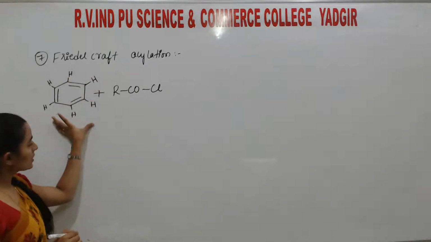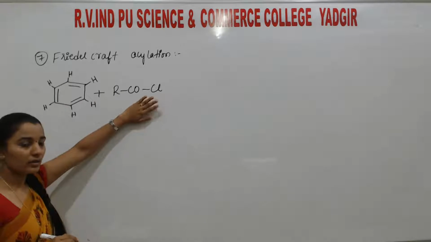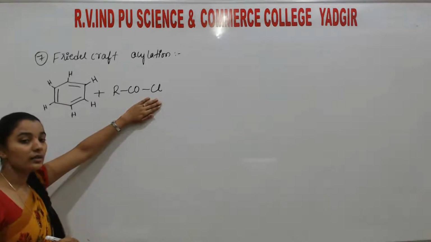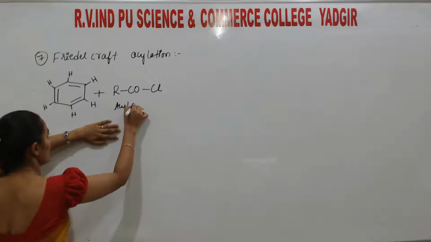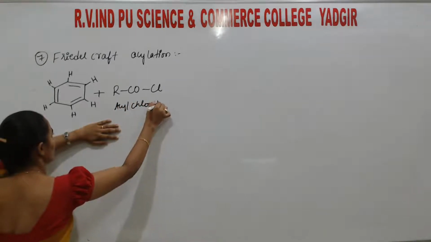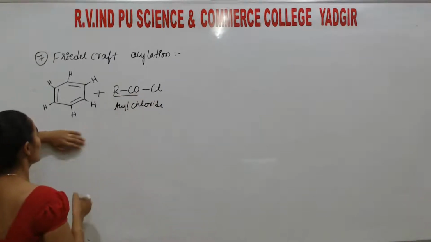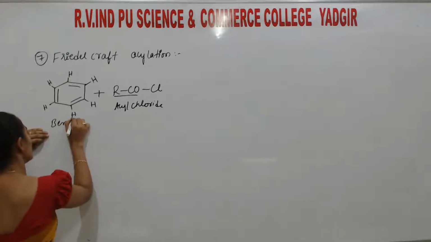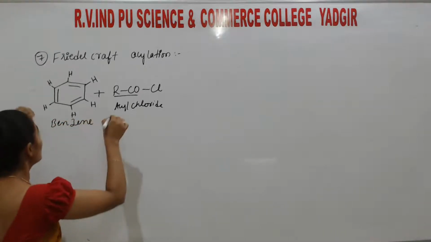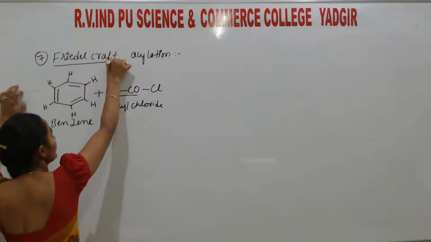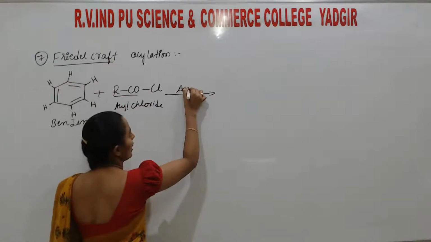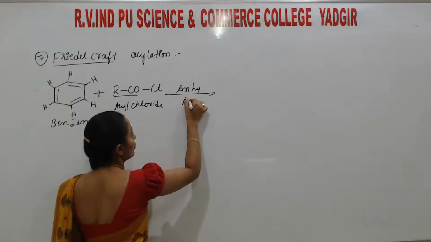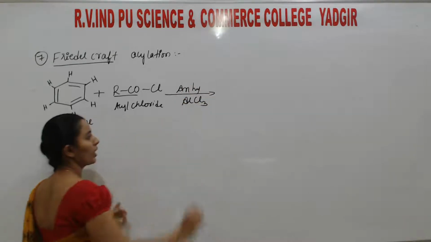So this benzene is going to react with this acyl chloride. This is acyl chloride, this group is called the acyl group, and this one is benzene. As we mentioned, Friedel-Crafts means here the reagent used is anhydrous aluminium chloride.